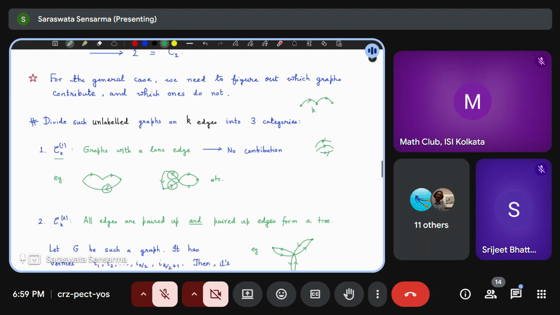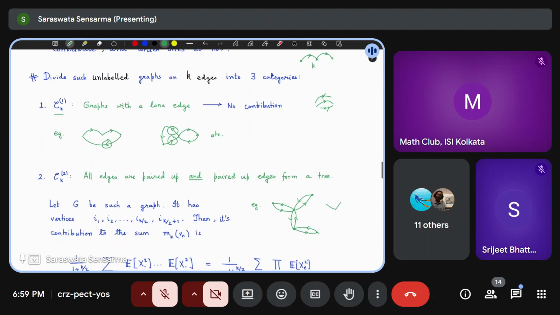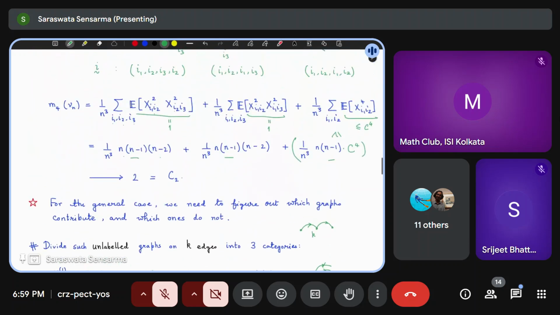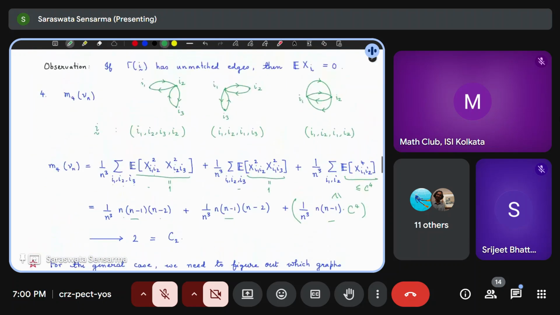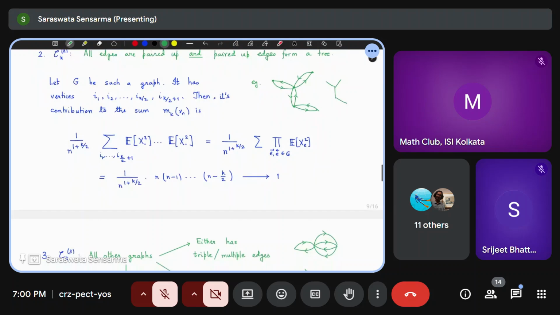Secondly, if you look at unlabeled graphs where the edges are all paired up and the underlying graph of paired up edges forms a tree, something like this. So this forms a sort of tree and every edge is paired up and so on. That would correspond precisely to the terms that we had here. Both of these are graphs which are paired up completely and the underlying graph forms a tree, right?